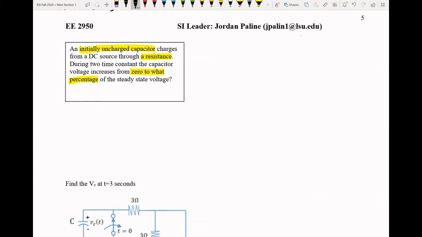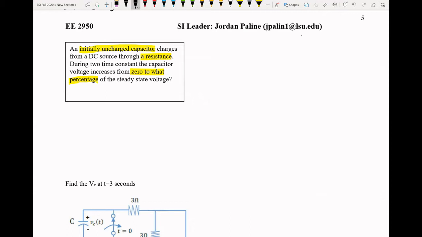Whereas before we kept using the integrals, 1 over capacitance, 1 over inductance, from time 1 to time 2, and then we would take the integral of that, and that's how we would determine the amount of voltage in something.